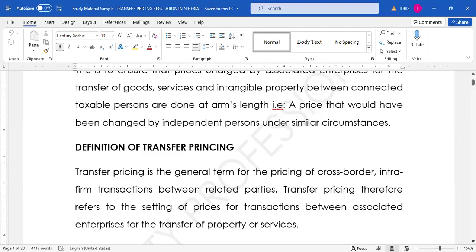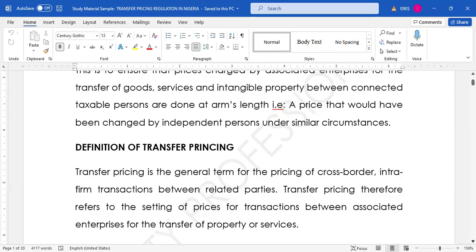When A increases the price, in the expenses of B, it is a cost. And in the financial statement of B, under the profit and loss account, it is a cost. That cost will reduce the tax of B. As a result, FRS said we need to regulate the price.